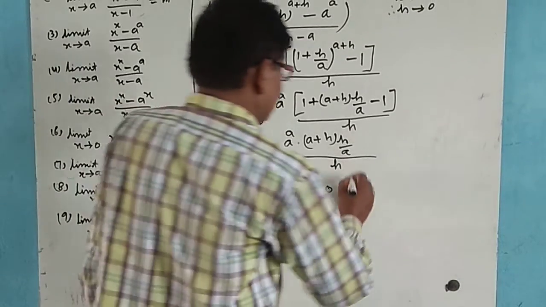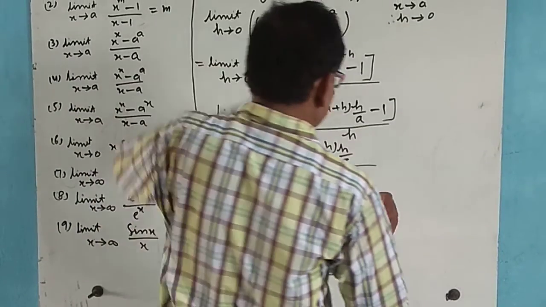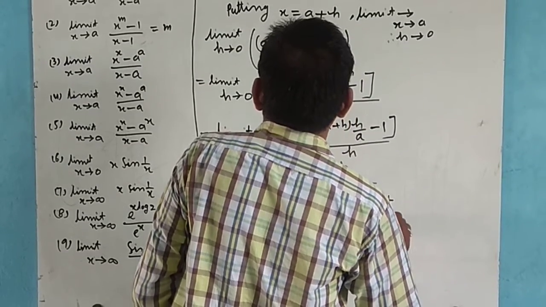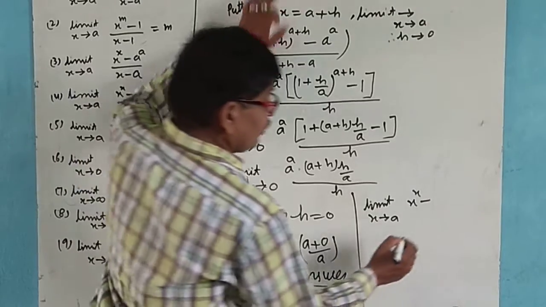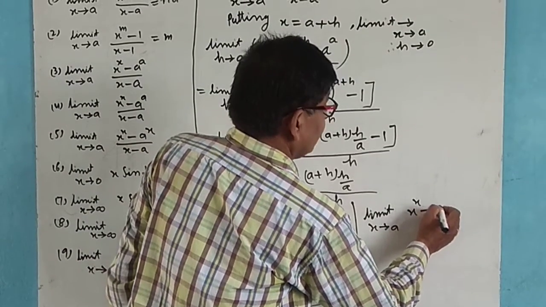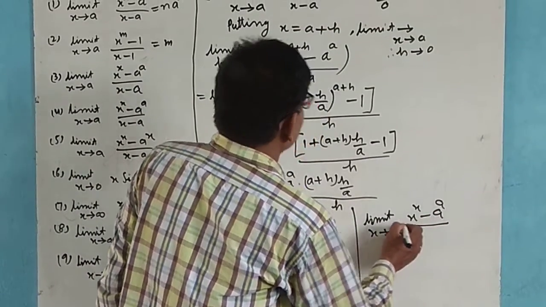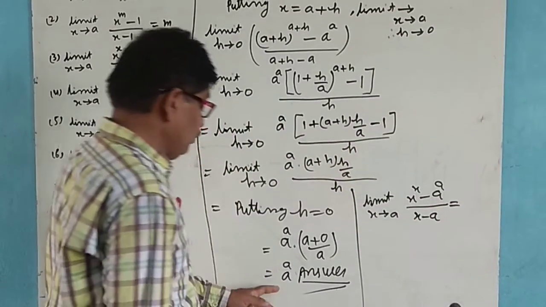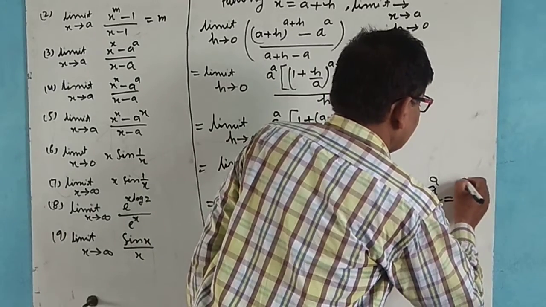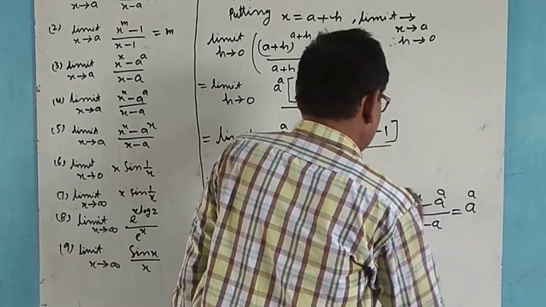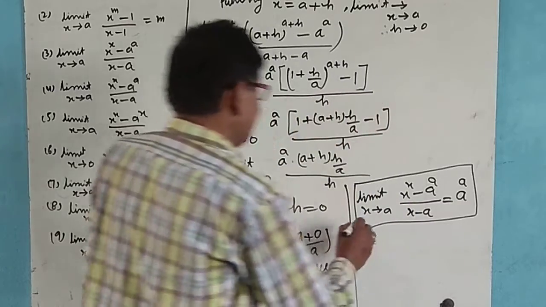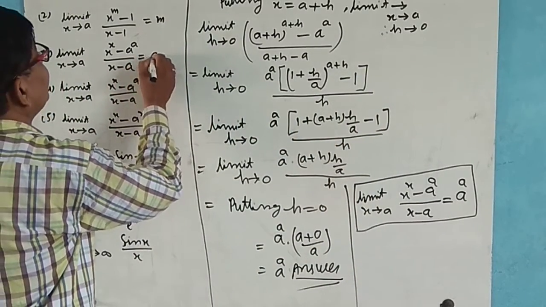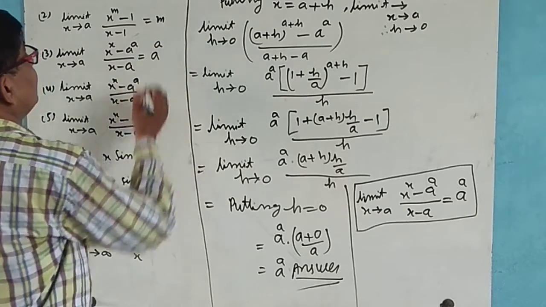So thus we can say that limit x tends to a, x to the power a minus a to power a divided by x minus a, equal to a to power a. This is used as a formula, so that this can be written as a to power a.